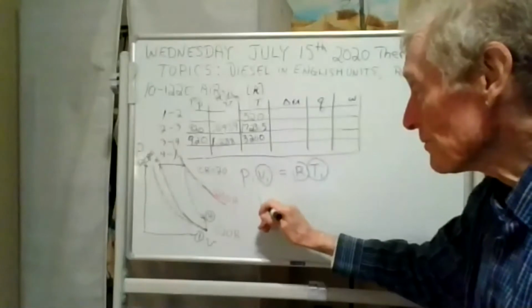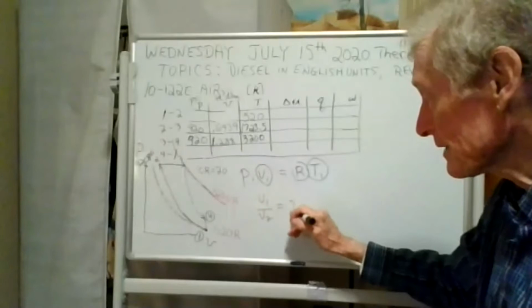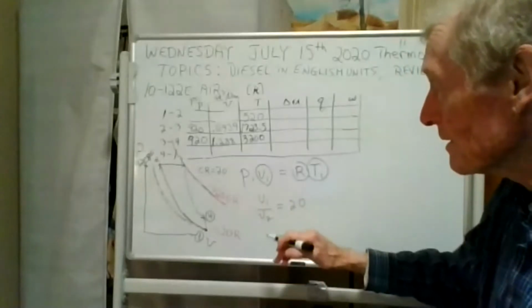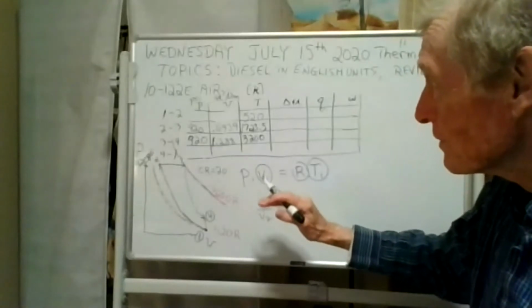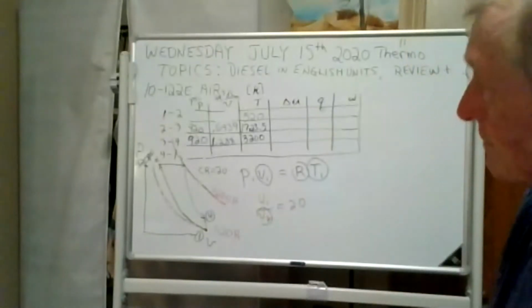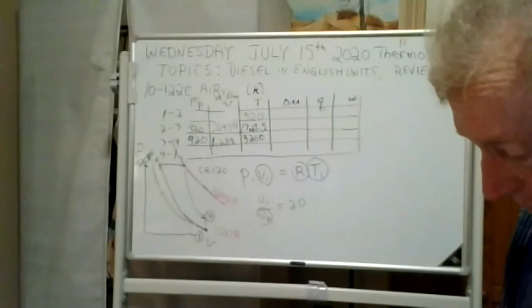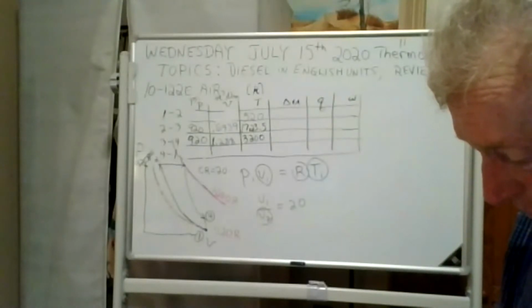Here's what we want to do. We want to go V1 over V2 is 20. I guess I did it the wrong way, didn't I? And see, we know V2. I think I divided by 20. But we're going to multiply by 20 this time. And we're going to be fine.